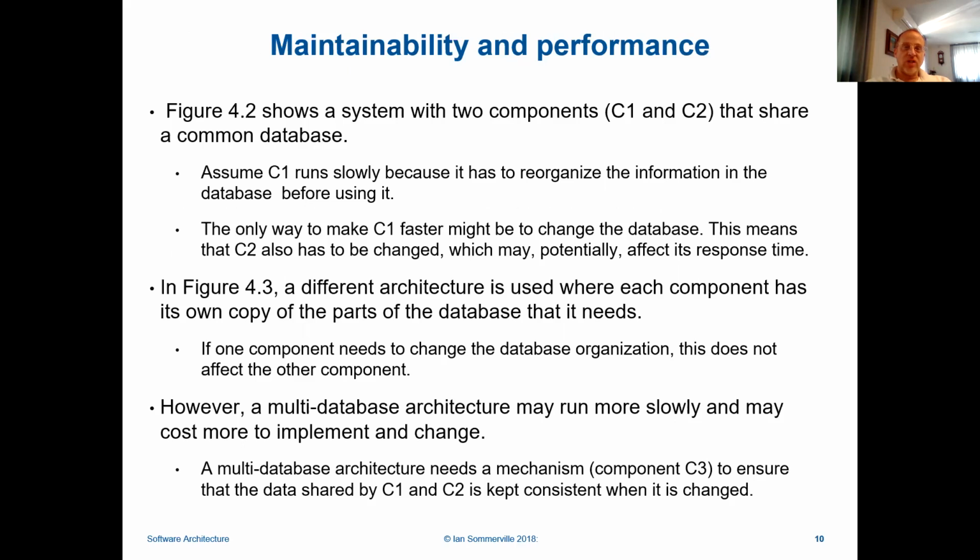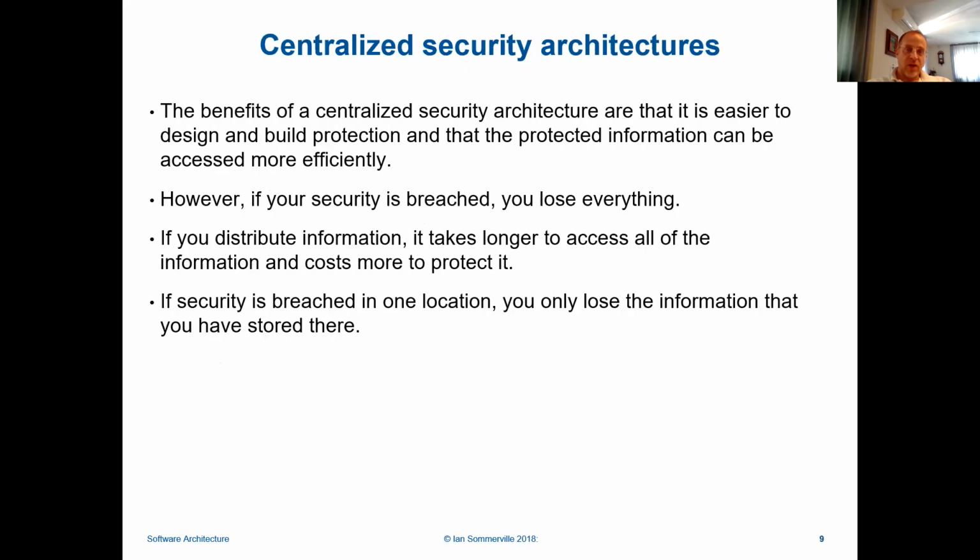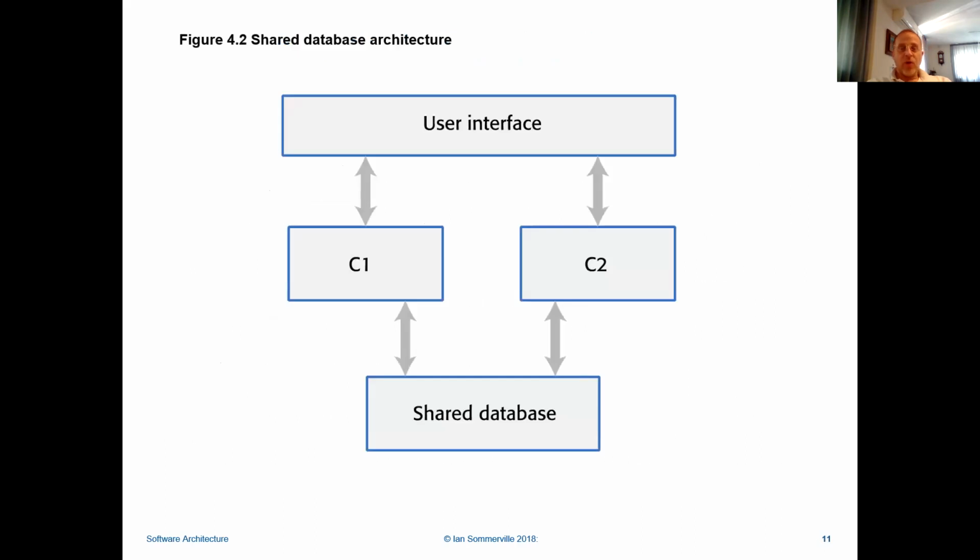Assume C1 runs slowly because it has to reorganize the information in the database before using it. In other words, C1 has to do all kinds of changes to the database. The only way to make C1 faster might be to change the database. This means that C2 also has to be changed, which may potentially affect its response time. In other words, they're both using the same database.